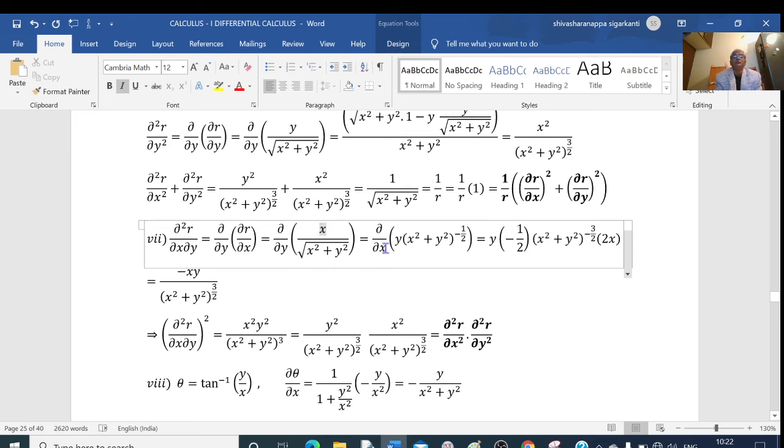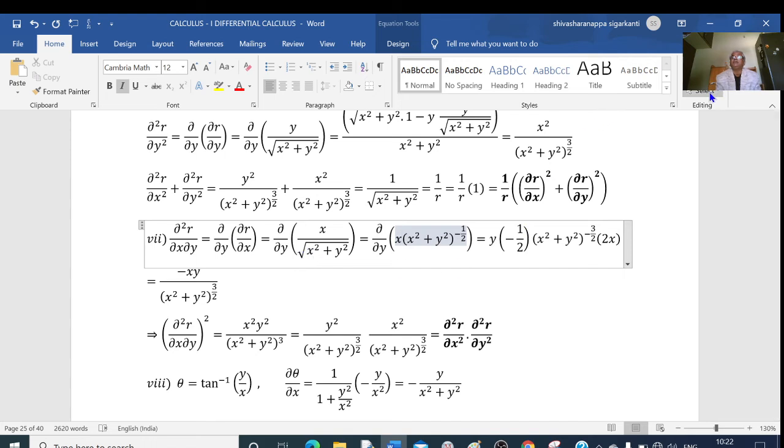This is equal to ∂/∂y of this. We are differentiating partially with respect to y, therefore x is a constant quantity.